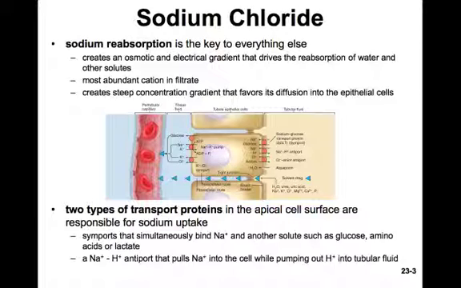And then there are other things called antiports, if you remember from general biology. For example, here we have a sodium and hydrogen antiporter, transporting sodium into the cell while transporting hydrogen out of the cell.